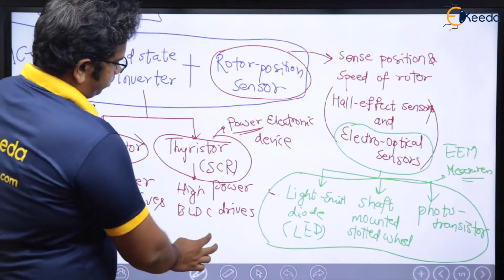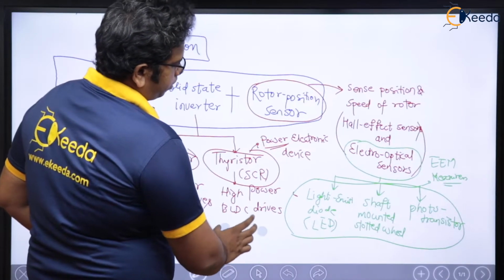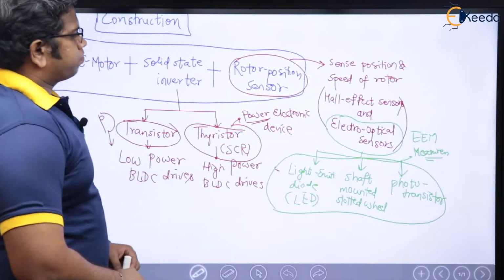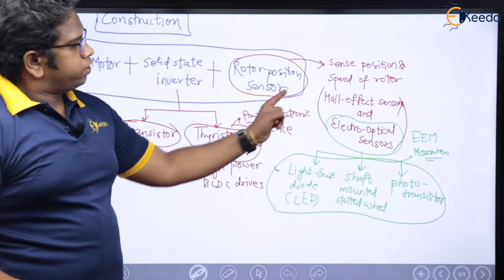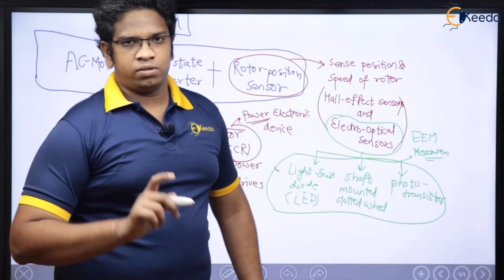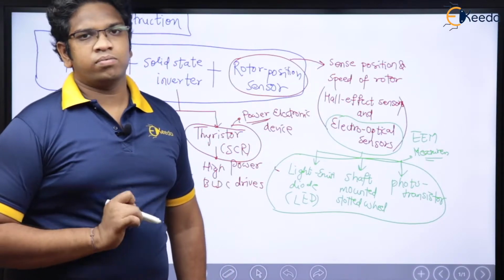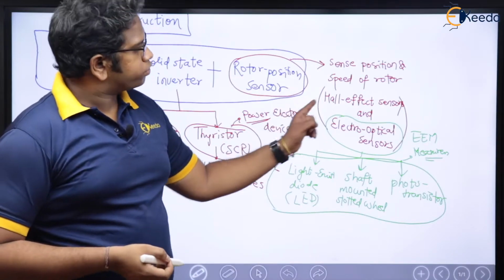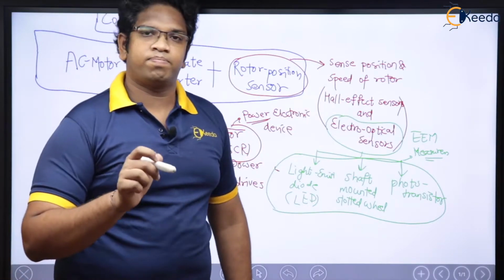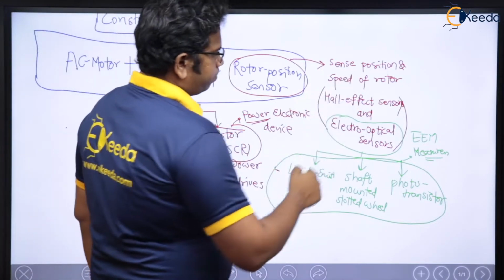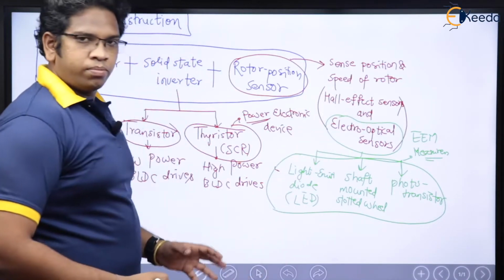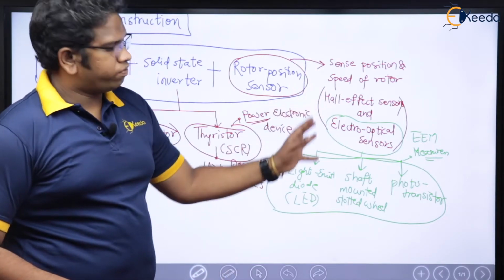Now let us think of this AC motor. Now you may say, sir, but how? See here, the rotor position sensor will sense the speed of the rotor. At the same time, it is going to sense the position of the rotor, right? It does this through sensors, Hall effect sensors and so on.